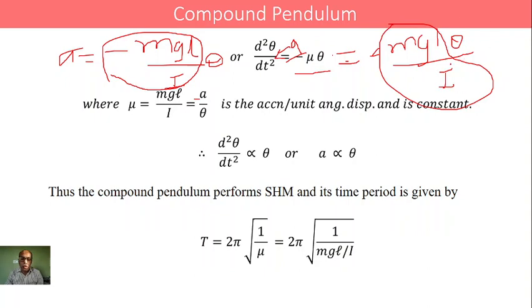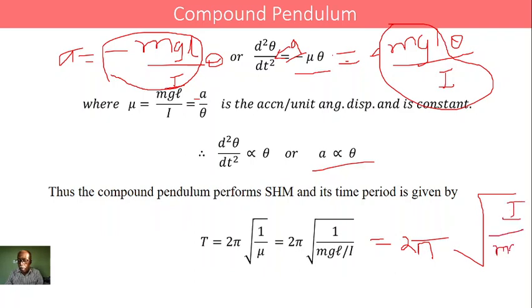Therefore, the compound pendulum is said to perform simple harmonic motion, having a time period T equals 2 pi into square root of 1 by mu, which is 2 pi into square root of I by mgl.